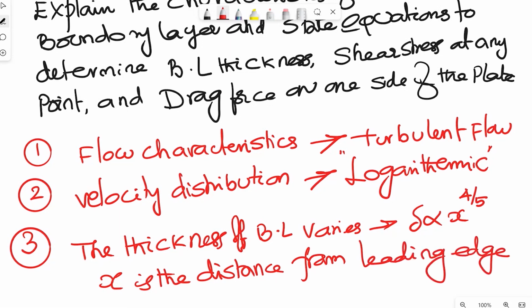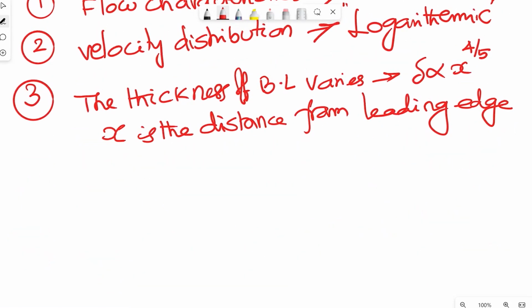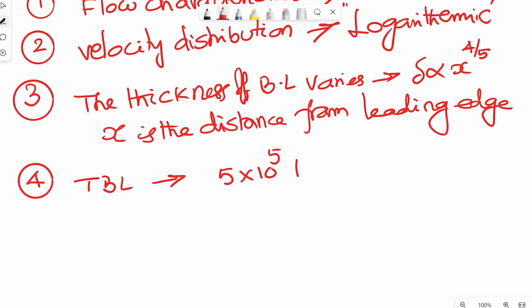Then the fourth point: the turbulent boundary layer exists from a Reynolds number of 5 into 10 to the power of 5 to 10 to the power of 7.